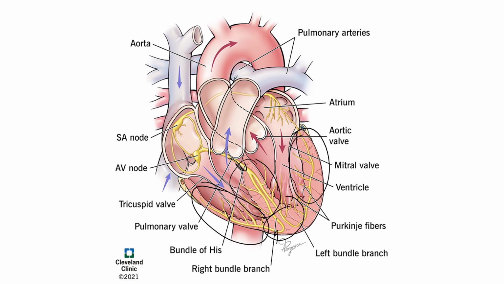And what allows for that to happen without question, especially in the lower chambers of the heart, are these conduction fibers. If you were to remove the conduction fibers, so the bundle branches especially and the Purkinje fibers, take them out of the heart, you would see different portions of the heart contract at different times.